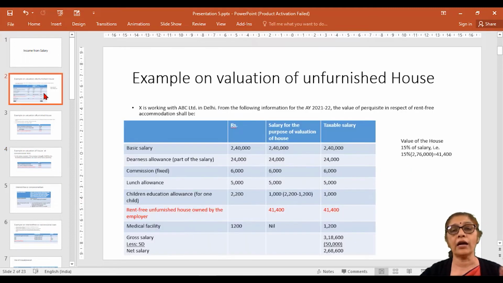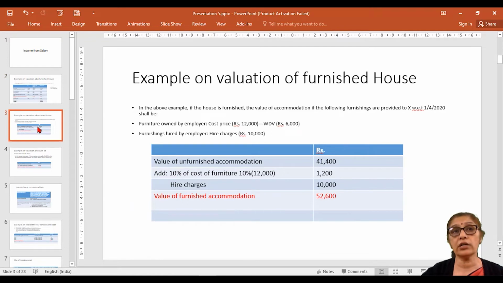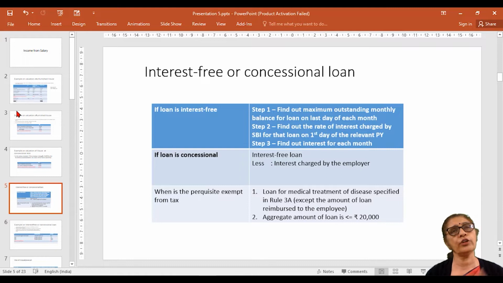Had it been an unfurnished accommodation at a concessional rent, it would have been 41,400 minus 8,000. Since it is furnished at concessional rent, we have 52,600 minus 8,000. So we go accordingly. So that's how we find out the value of the house.